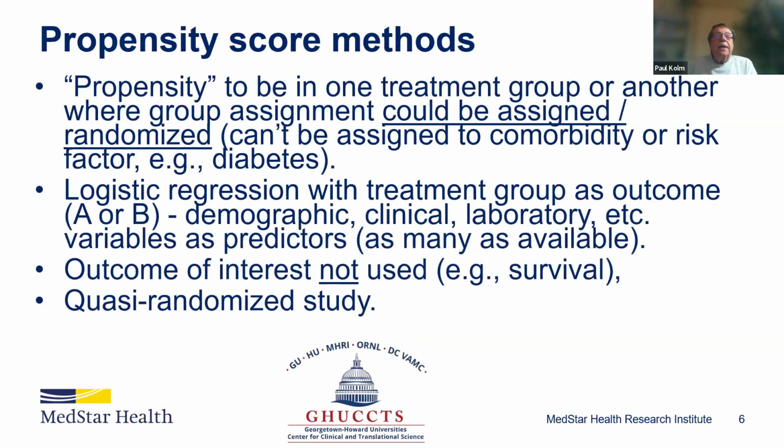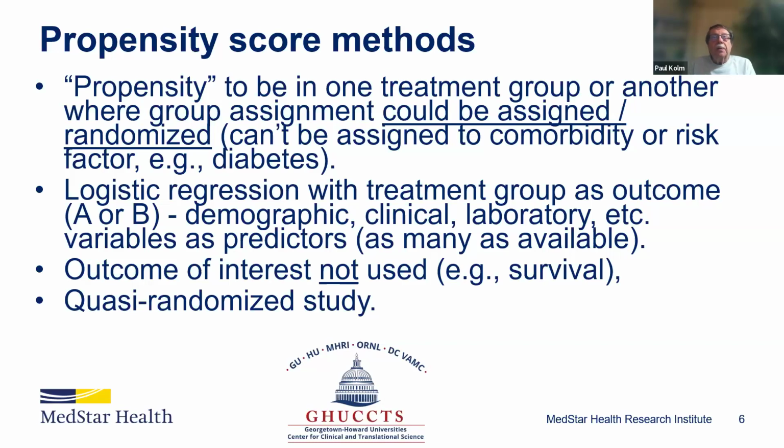So the idea of a propensity score is the propensity to be in one treatment group or another, where group assignment could be assigned or randomized. But for whatever reason, whether it's ethical or just impractical to randomize a particular outcome, you wouldn't be able to actually randomize.